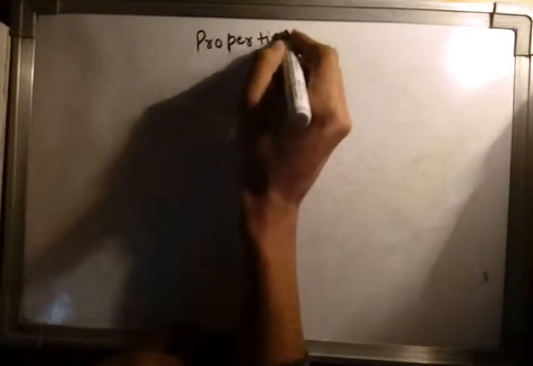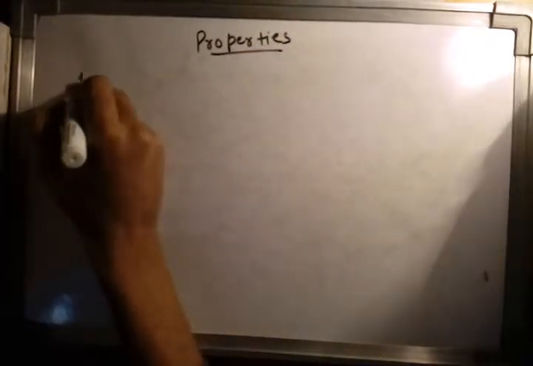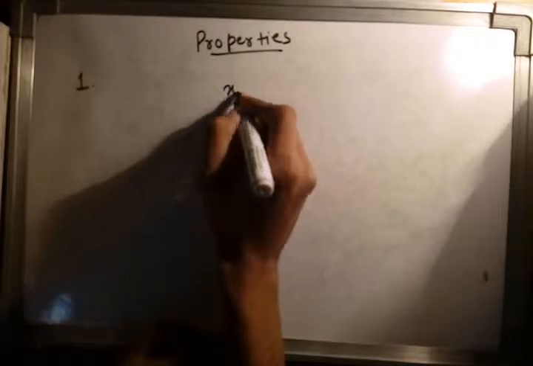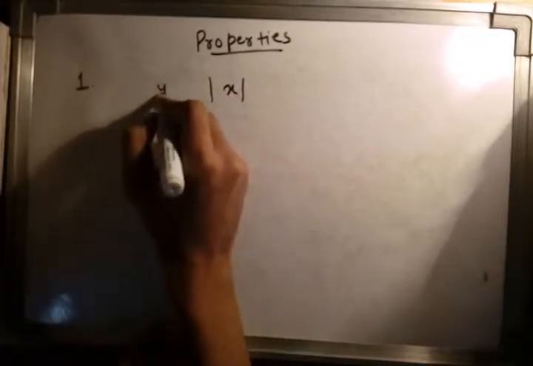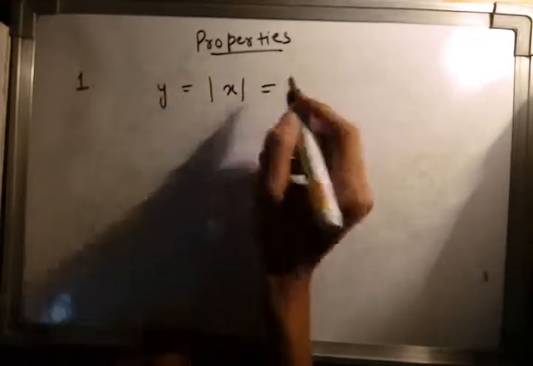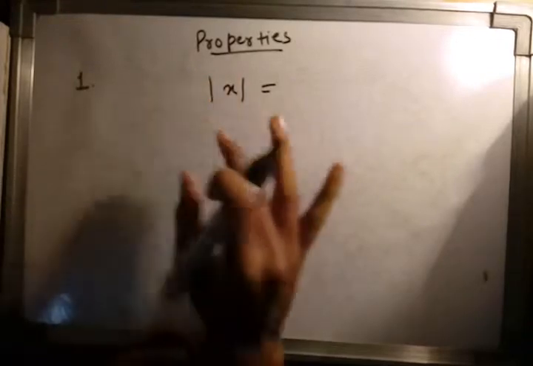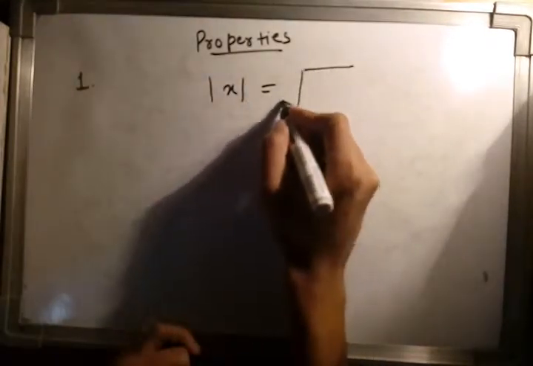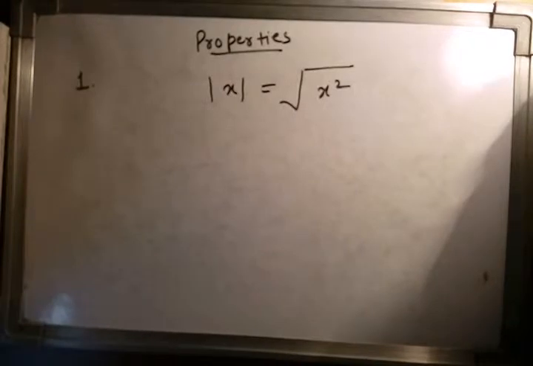Now we are going to discuss some properties of modulus function. The first property of modulus function is y is equal to mod x, which is in turn equal to root of x square.